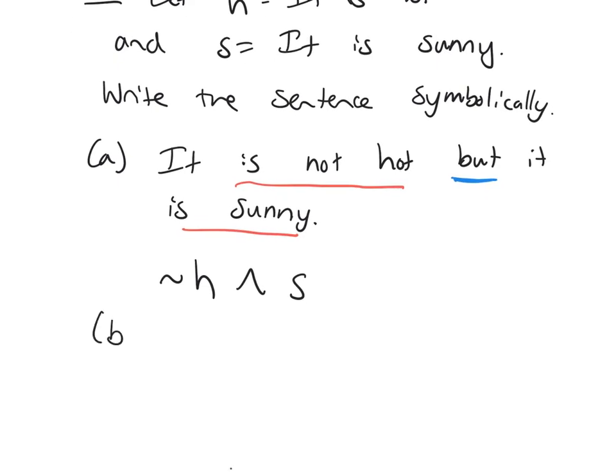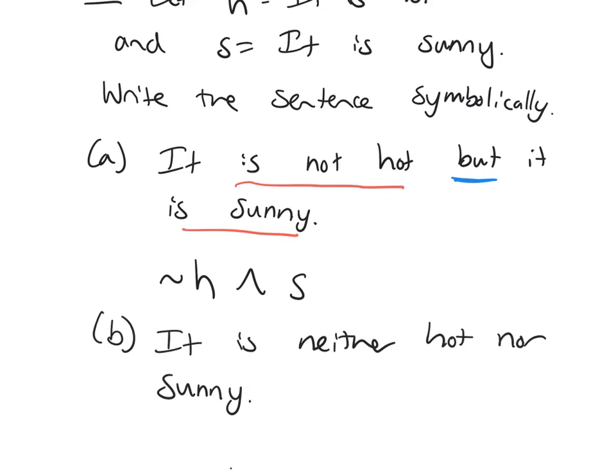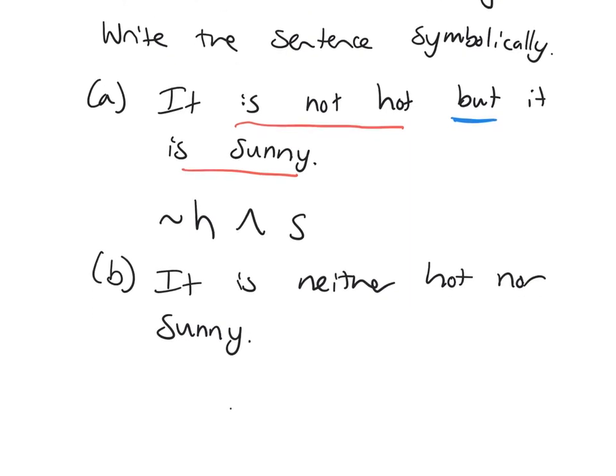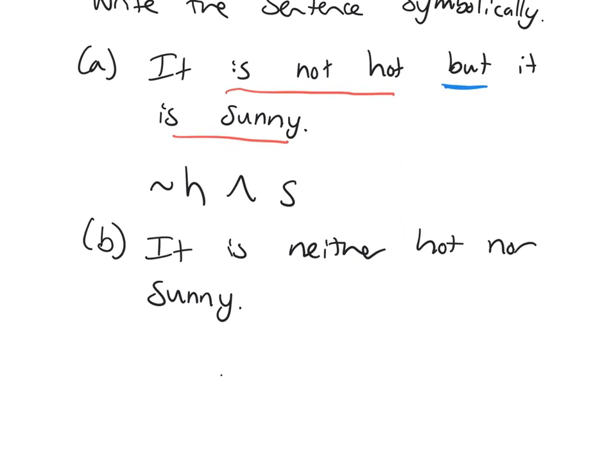All right. Let's write this statement symbolically. It is neither hot nor sunny. So take a minute. You can pause the video if you want and write down this statement symbolically.